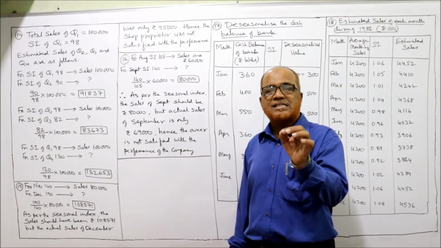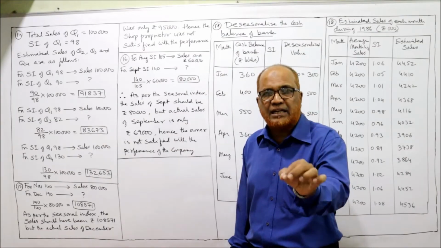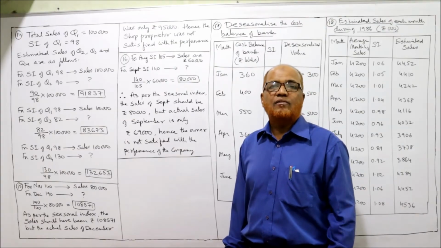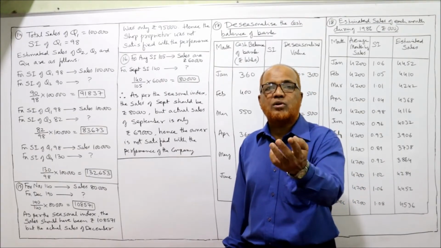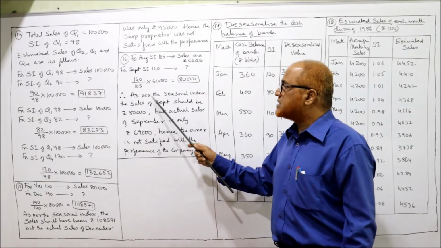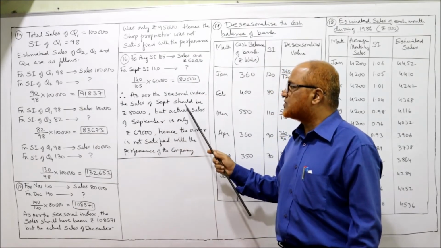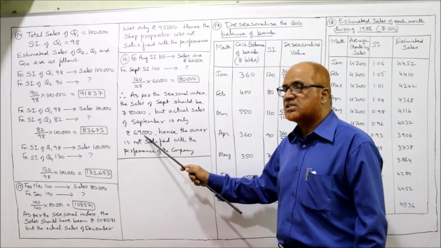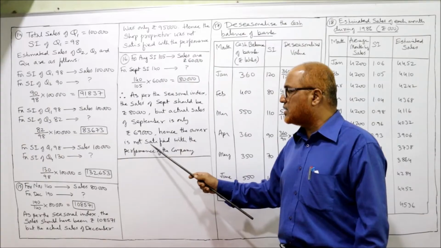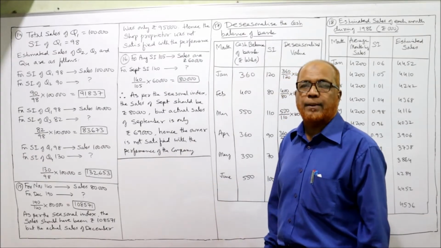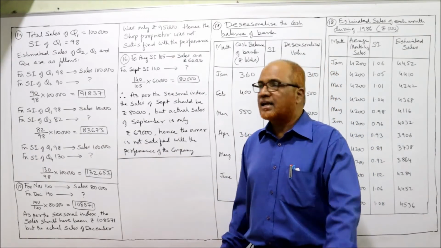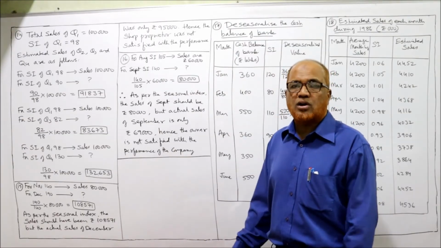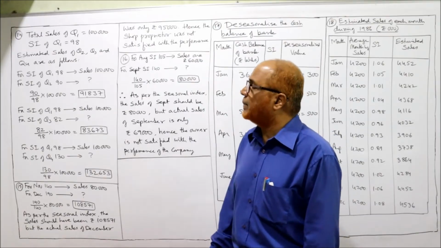The sales in September should have been 80,000 if we go by the seasonal index, whereas actual sales of September was only 69,000. Hence, the owner is not satisfied with the performance of the company.